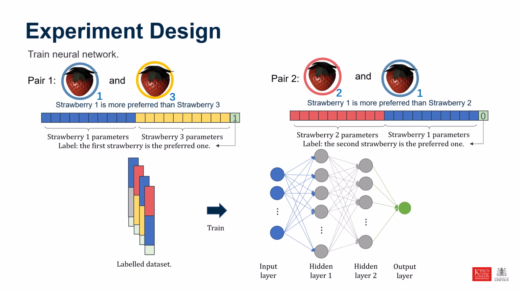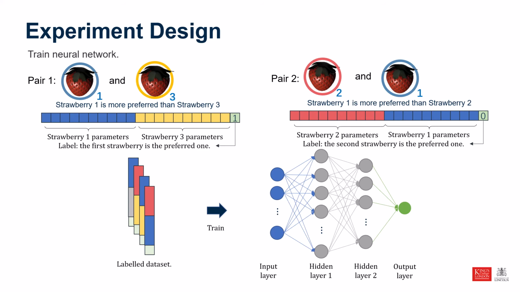The parameters for the two strawberries in a pair are placed together to become a vector, and the vector is labeled depending on the order of the two strawberries. If the first strawberry is collected earlier by the user, the vector will be labeled 1.